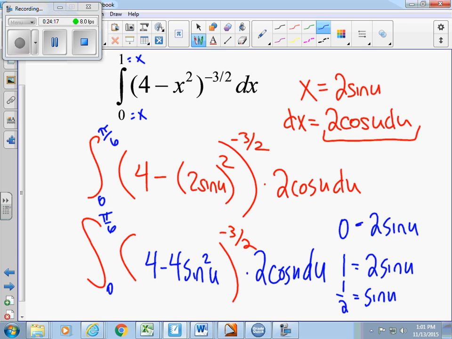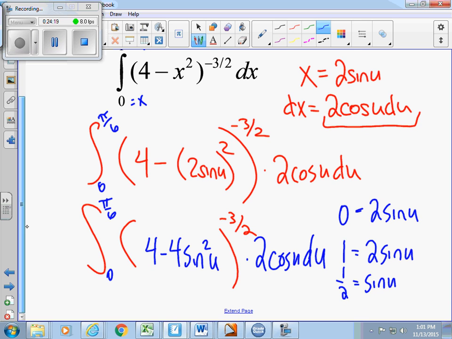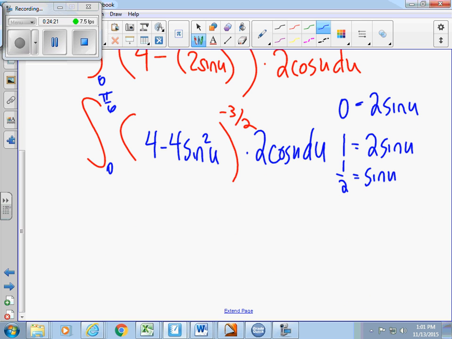Has anyone any idea why this trig substitution is going to help me at all at this point? Equals 2 minus 2 sine, 2 plus 2 sine.